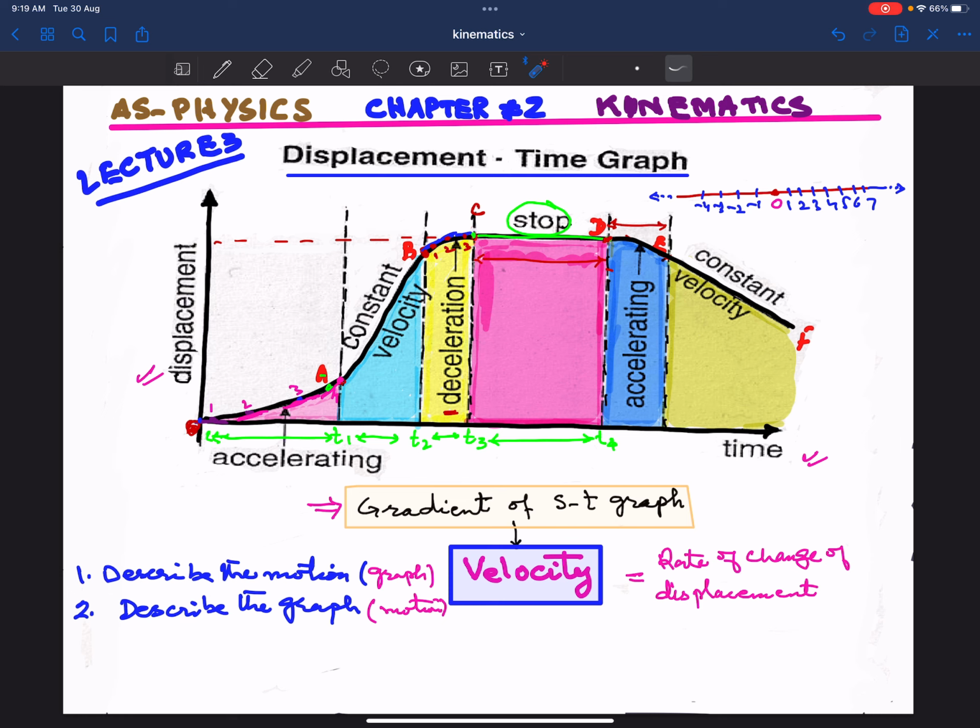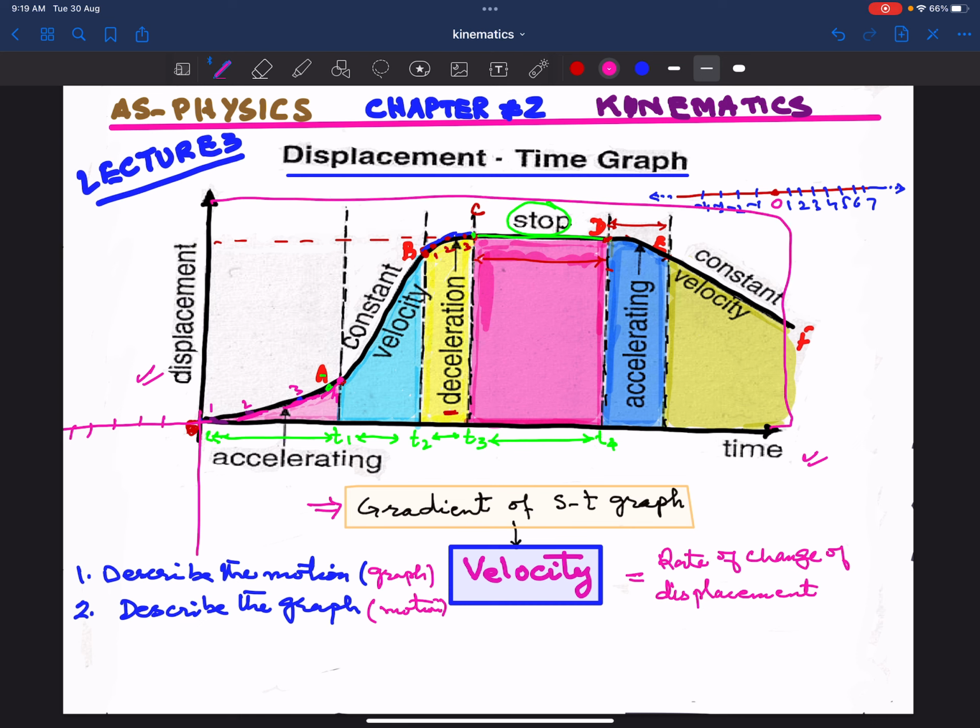If we consider the negative side of the graph, then we can see what will happen if we are going backward or in the negative direction. I will show you this one as well, but for the time being the whole discussion is that we are in the positive region.